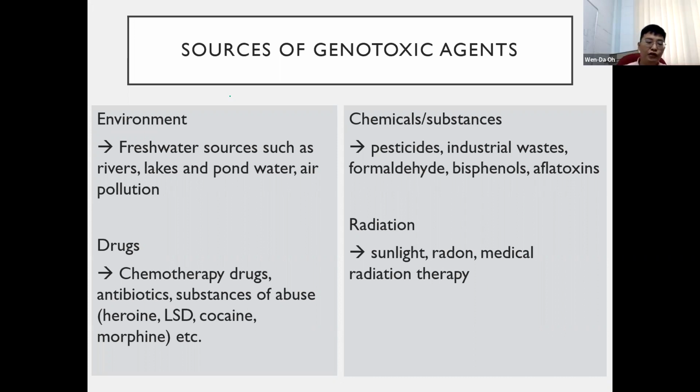We also have drugs like chemotherapy drugs. Chemotherapy drugs can be very useful for cancer patients, but sometimes the drug you're taking may have side effects that lead to something called a secondary cancer.